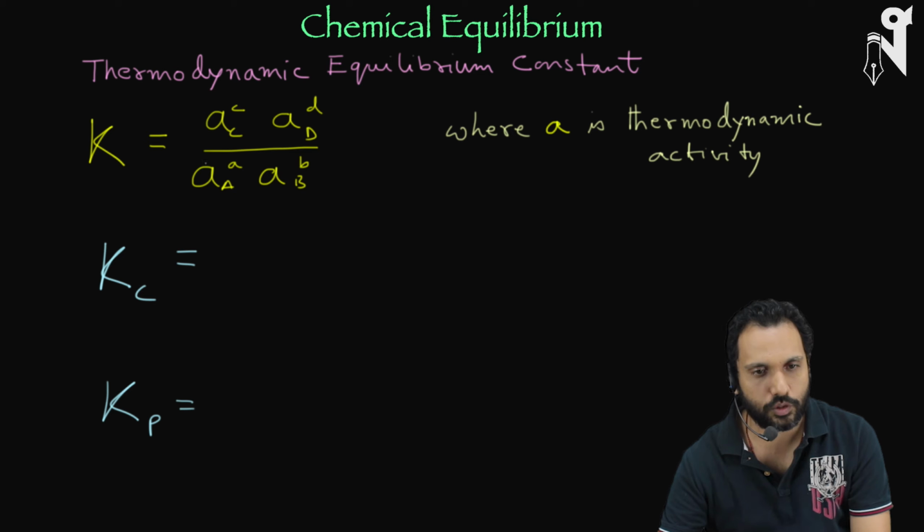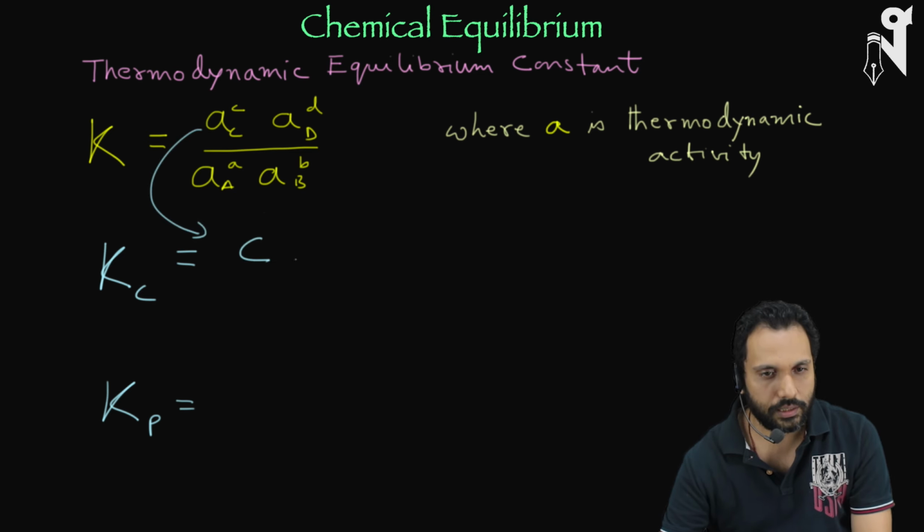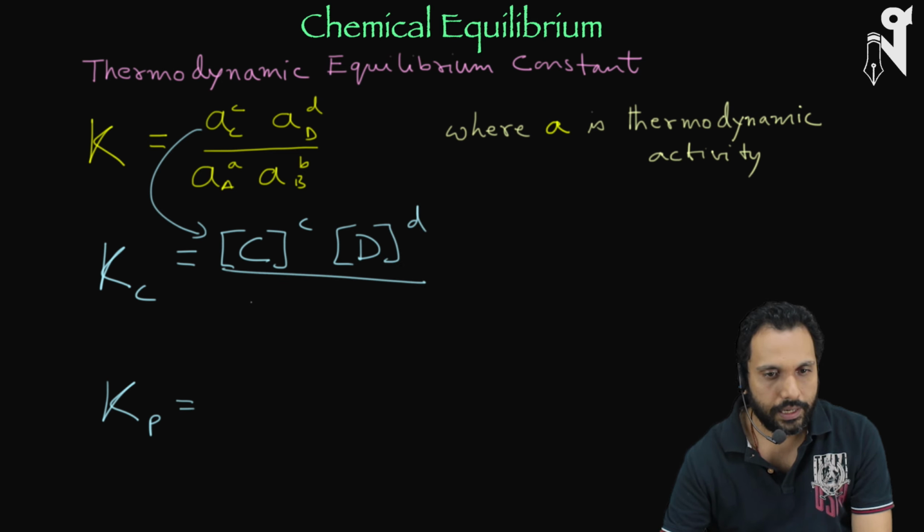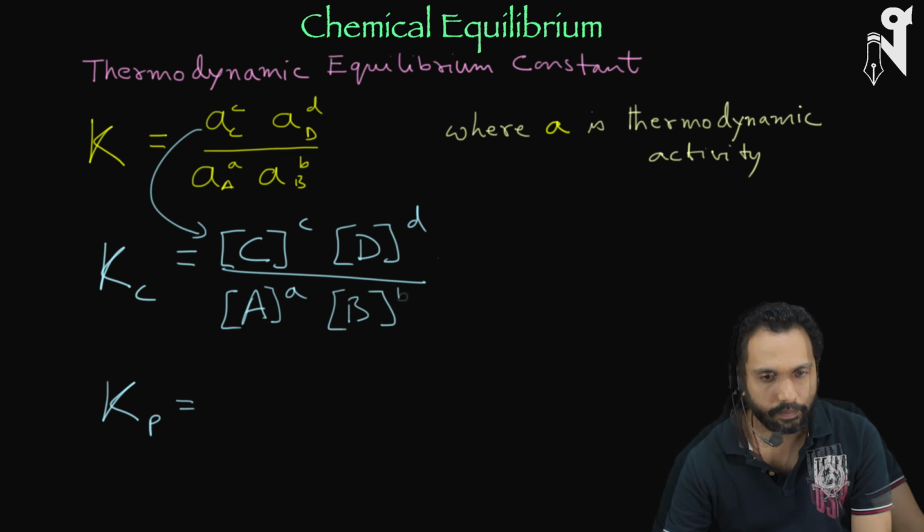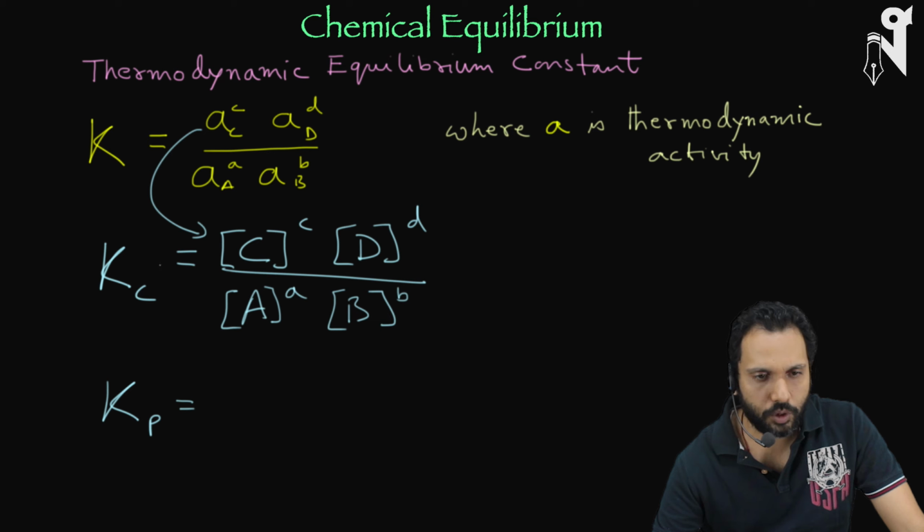So Kc is when you put the activity as concentration. So the activity of C is concentration of C power c, concentration of D power d, over concentration of A power a and concentration of B power b. That's your equilibrium constant in terms of concentration.